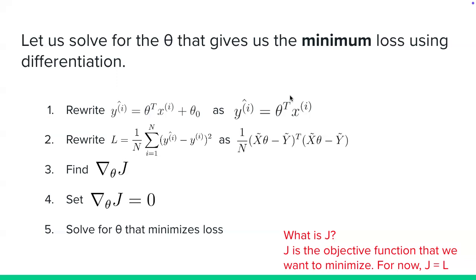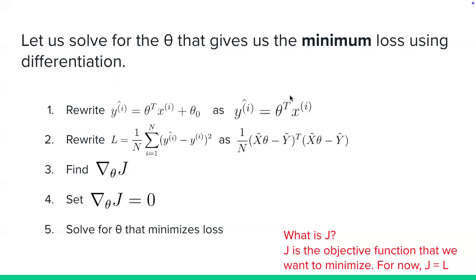If you don't understand what a gradient is yet, that is okay. Think of it right now as a derivative. Once we find this gradient, we set it equal to 0, and then we find the theta that minimizes this loss.